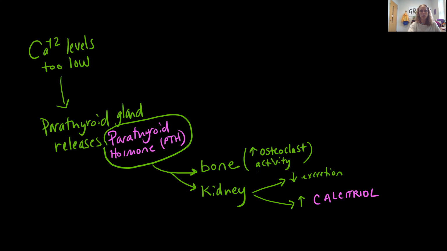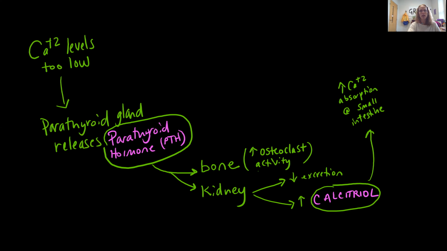So at the kidney, we're going to tell the kidney to decrease excretion of calcium, keep it in the body, and we're going to increase the release of a hormone called calcitriol. That calcitriol hormone is going to go through the bloodstream and talk to the small intestine.